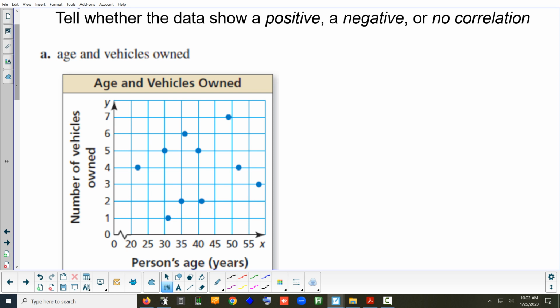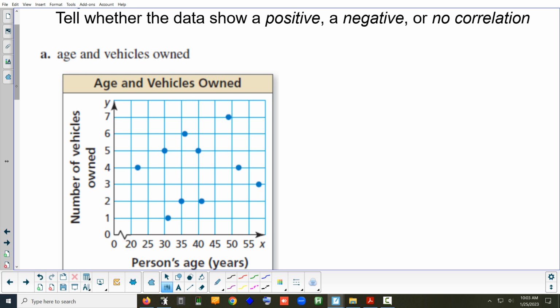But whatever you think about it, it doesn't matter. You have to look at what the data is showing. So when you look at this data, does it look like these points are in a straight line? No, they're not really in a straight line. They're kind of all over the place.